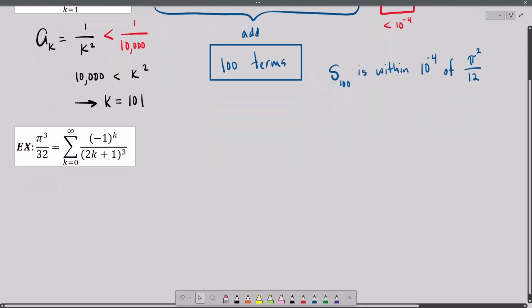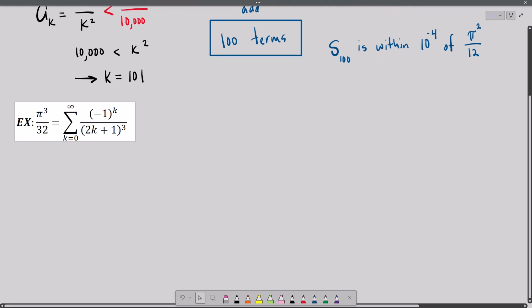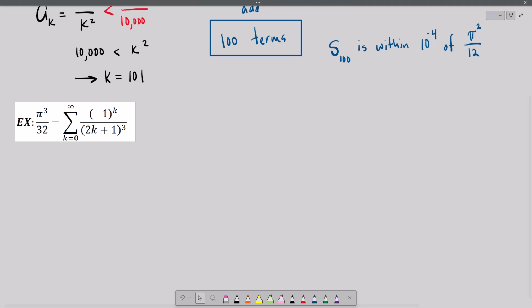All right, you all try this one. See if you can figure out how many terms we have to add up to be within 10 to the negative 4 of pi cubed over 32.